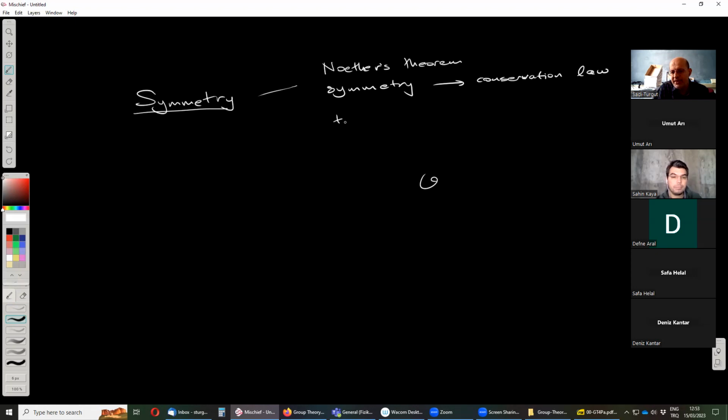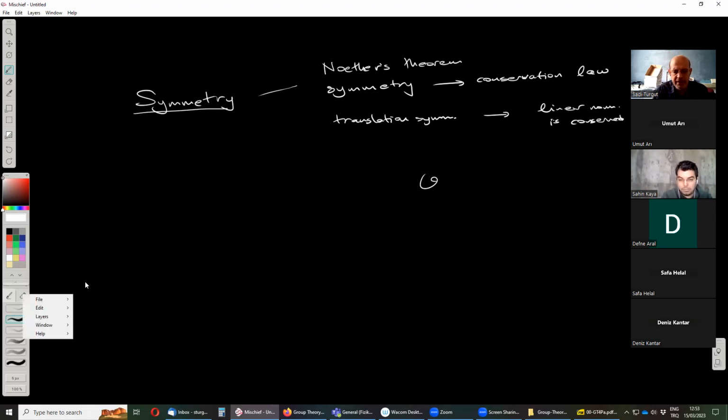So, for example, the translation symmetry implies that the linear momentum is conserved. If you have taken the general physics course from me, probably I mentioned that to you too.